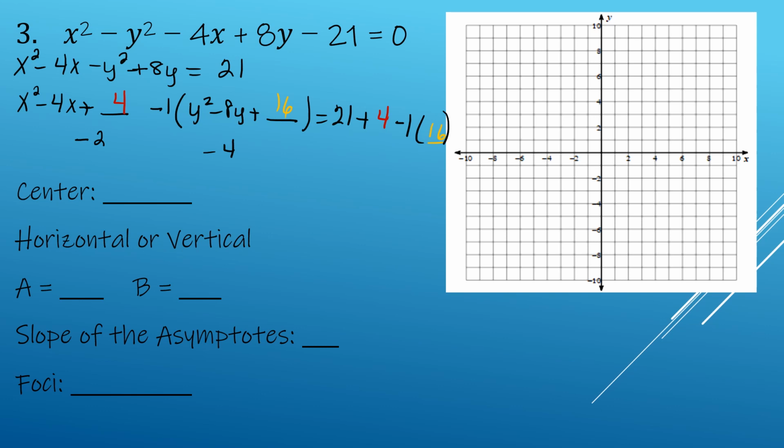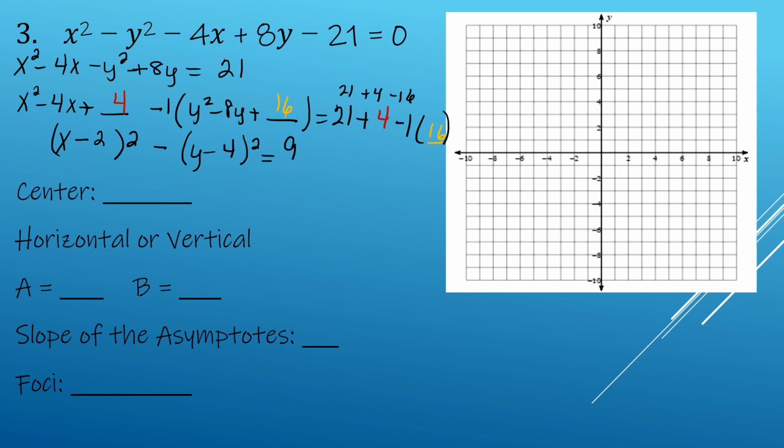So in factored form, x squared minus 4x plus 4 gives me x minus 2 quantity squared, minus y squared minus 8y plus 16 is y minus 4 quantity squared. And everything on the right hand side, the 21 plus 4 minus 16, all simplifies to give us 9.